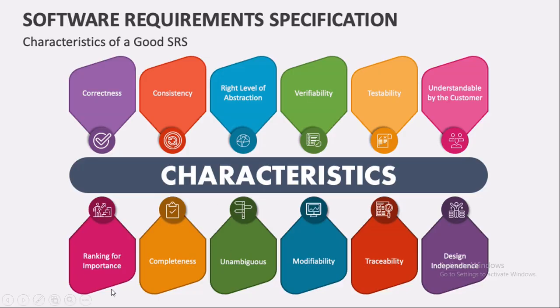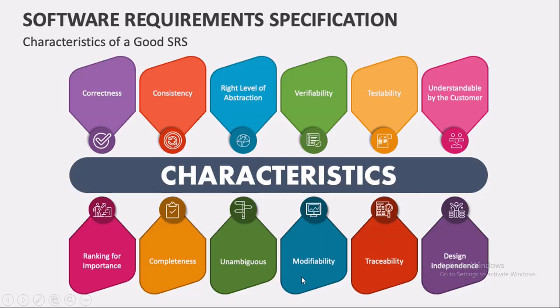Then ranking for importance. When you are writing any SRS, ranking must be there. It should be complete, with no missing requirement. Your SRS must be unambiguous, with only one interpretation.